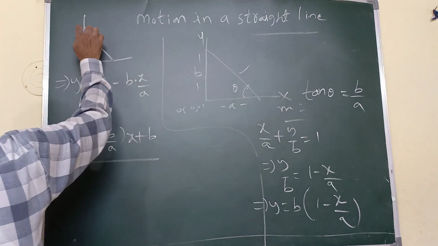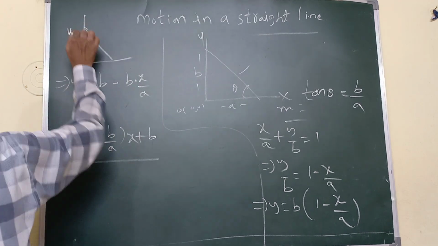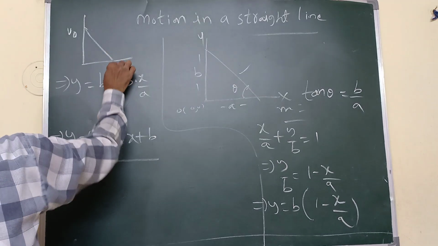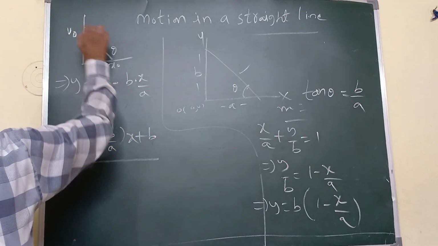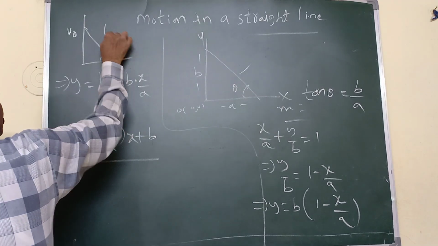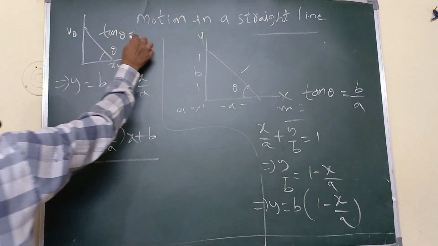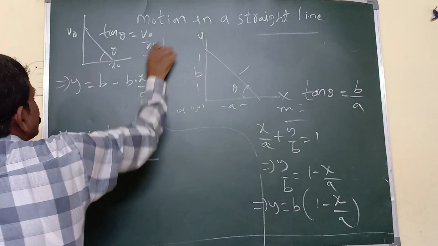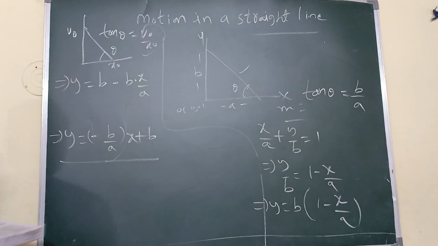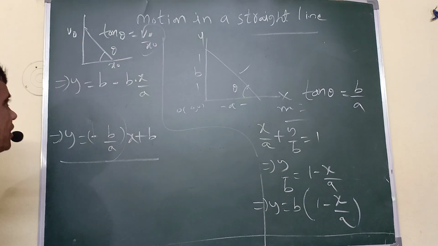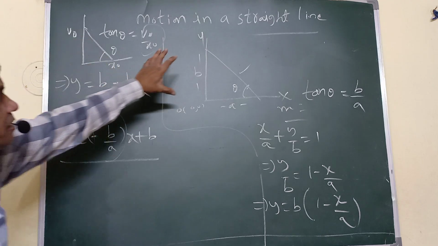Here he had given this is v0 and here he had given this is x0. If you take theta, what is tan theta? Tan theta equals opposite to adjacent, v0 by x0. So this slope I am writing as v0 by x0. Again b, here b means y-intercept.